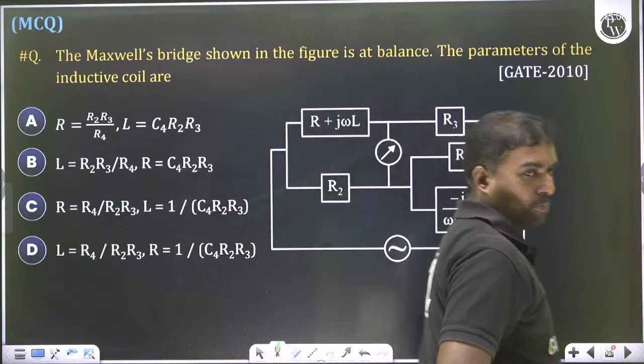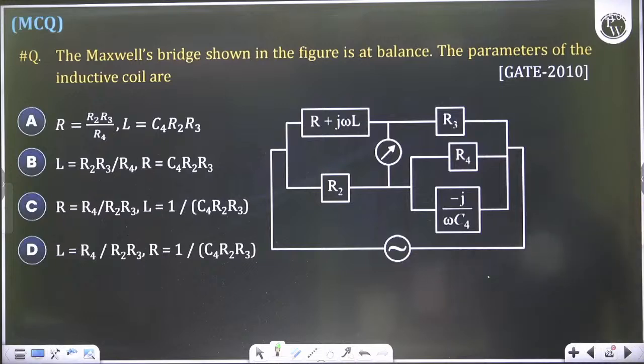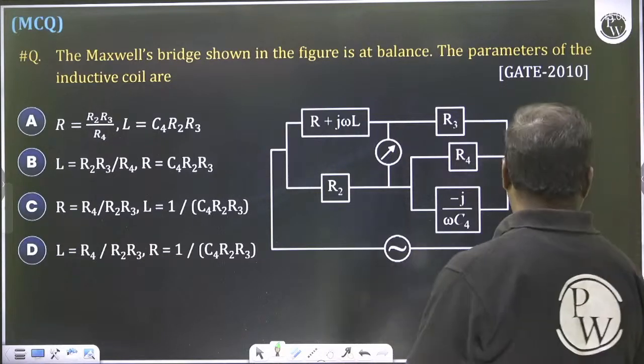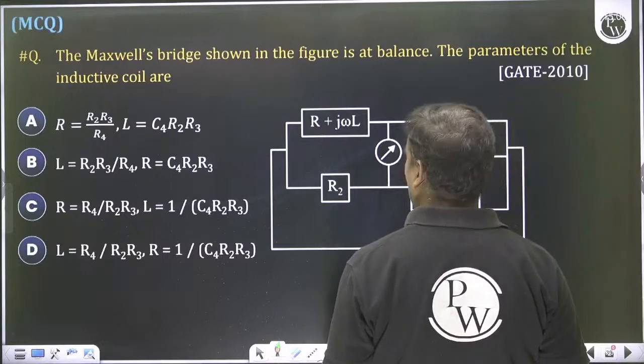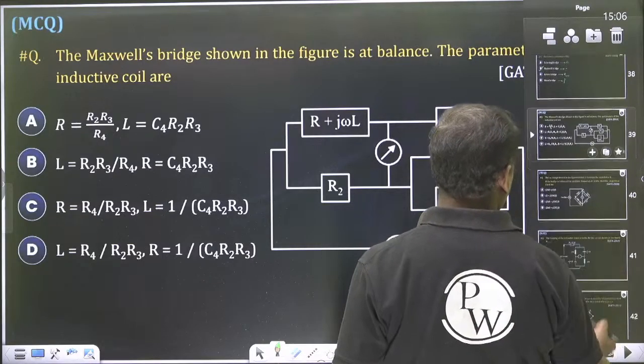So how to solve this? You can keep this bridge in the bridge mode. That means I can take it like this. The same thing I can take like this.